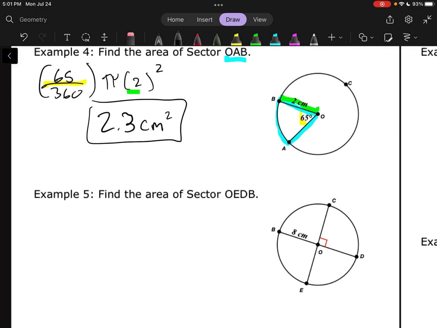This next one wants us to find the area of sector OEDB. So that would be O to E to D to B. So that's this big sector, O to E to D to B, and then back. So we know our formula.